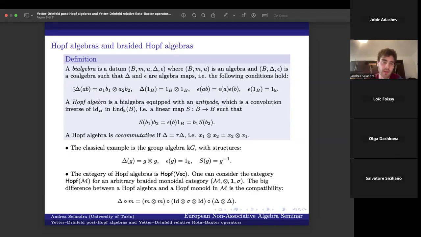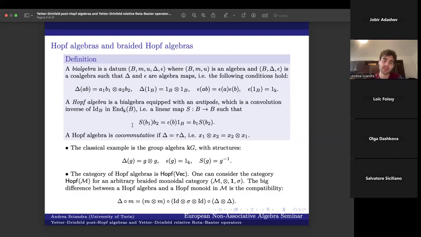You can see delta here is multiplicative and epsilon is unitary. This one is delta is unitary, while this one is delta is multiplicative, and with A1 and A2 we just mean the coproduct applied on A, omitting the sum using the Sweedler notation.